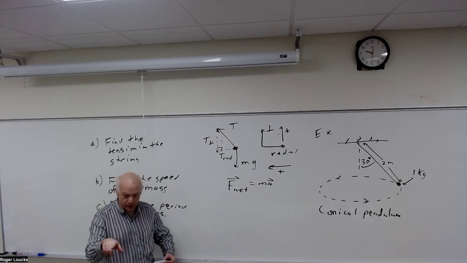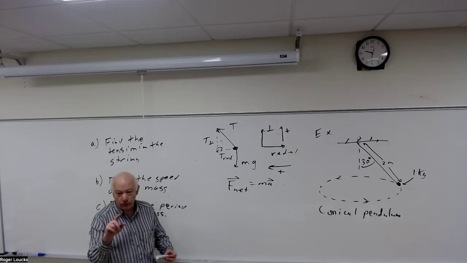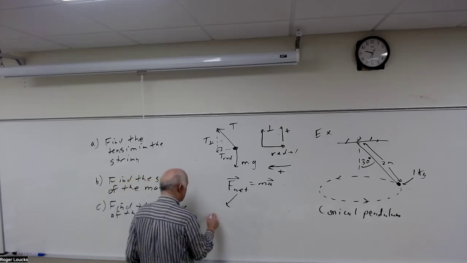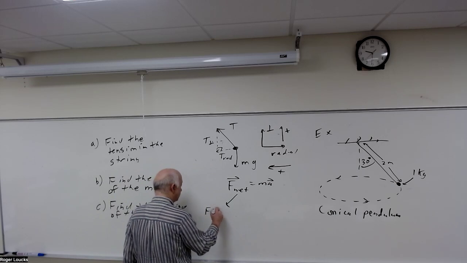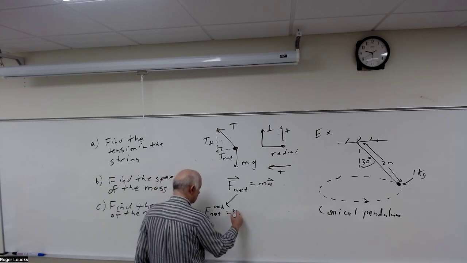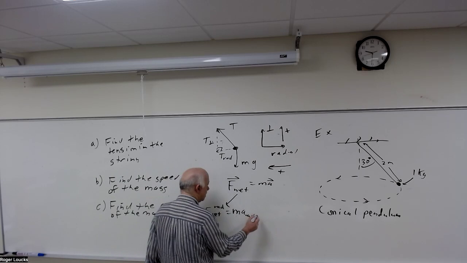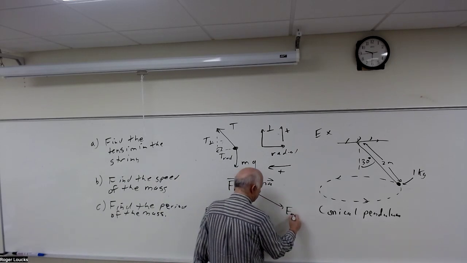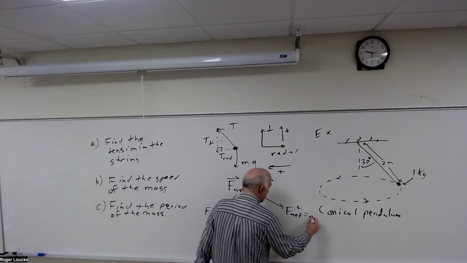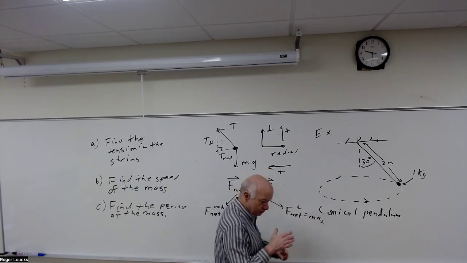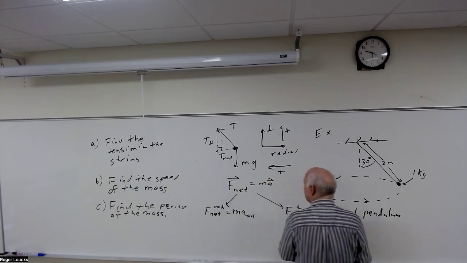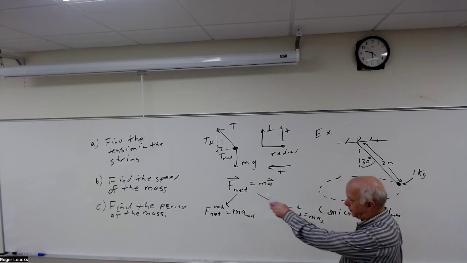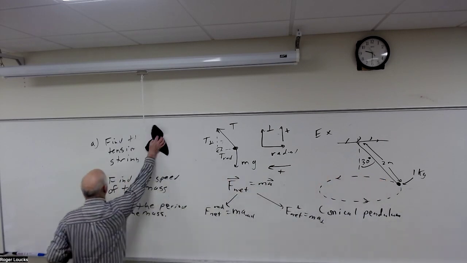Your thinking is completely right, but just radial and perpendicular. So I'm going to say this is F net radial, equals MA radial. And then F net perpendicular, equals MA perpendicular. Okay, sadly, I'll put it over here because I need the picture still.